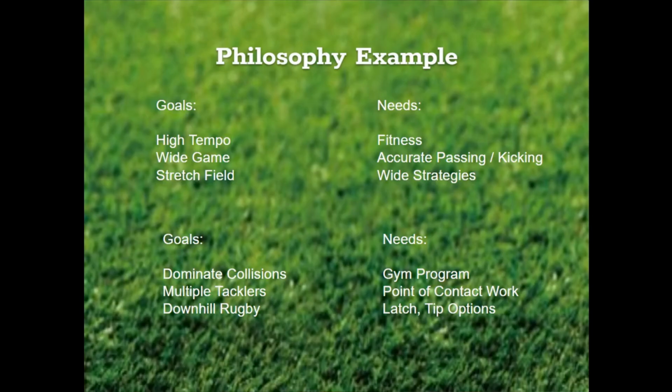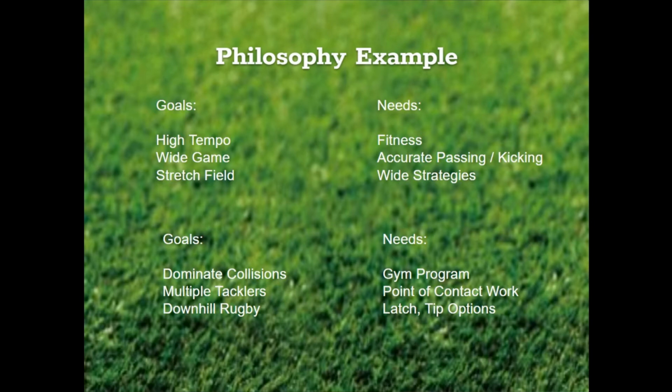So, as I mentioned about the seasonal plan and what we're trying to achieve, how your vision and your philosophy impacts that is quite important. If your philosophy is you want to play downhill rugby, more of a forwards game, that's what you like to do versus a backs thing, you can see some examples here.